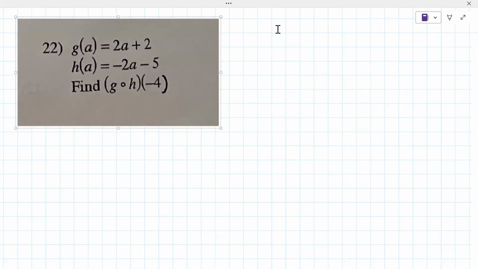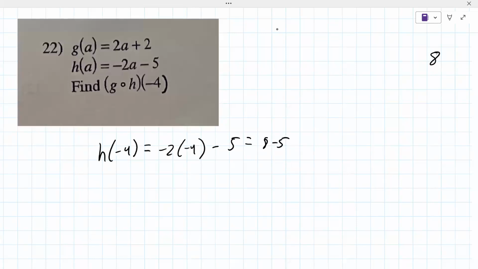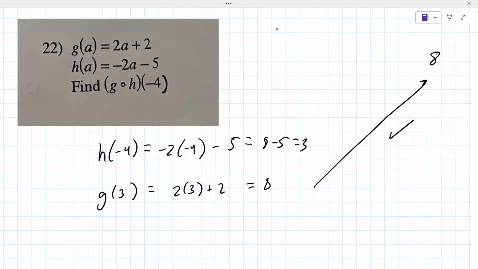Okay, so h of -4 is -2 times -4 minus 5. That ends up being 8 minus 5, which is 3. And then g of 3 is 2 times 3 plus 2, which is 8. Very good. All right, you got it down.